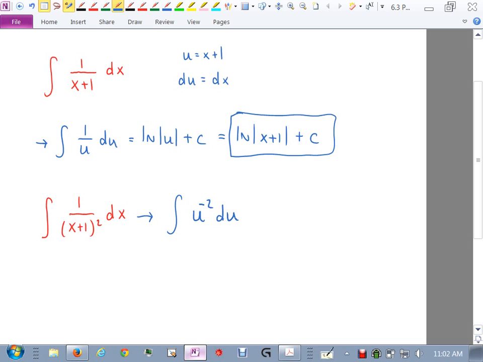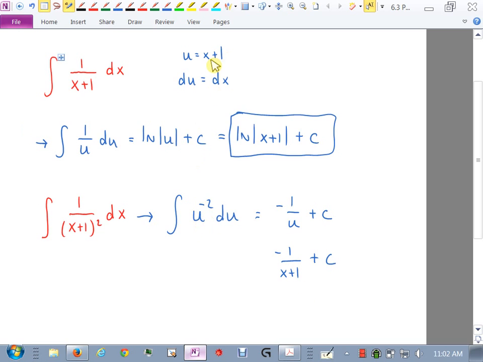The antiderivative of u to the negative 2 is negative u to the negative 1, agreed? Or I could write it as negative 1 over u. That okay? This is just the power rule: the antiderivative of u to the n is 1 over n plus 1, u to the n plus 1. I'm doing that kind of mentally. This is plus c, so negative 1 over x plus 1, plus c.